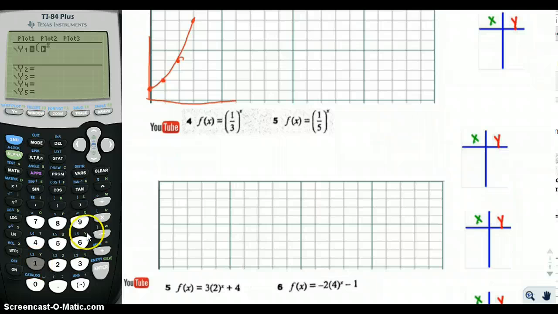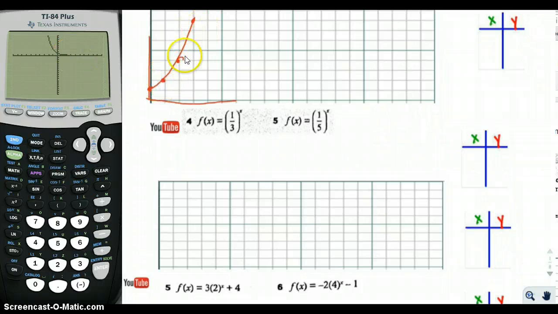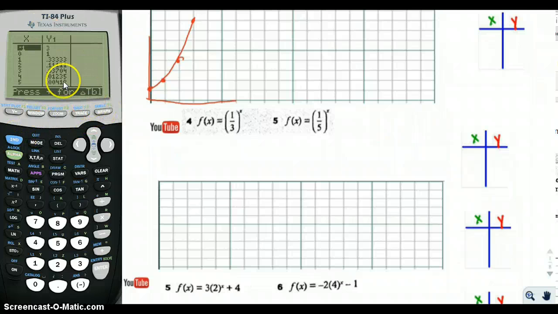So put parentheses, 1 divided by 3, close parentheses, and then we'll have to the x power. And then we can graph. But the most important thing is we're going to see the table. And do you see how it's like the opposite? Before, the other one was going up. This one is going down.